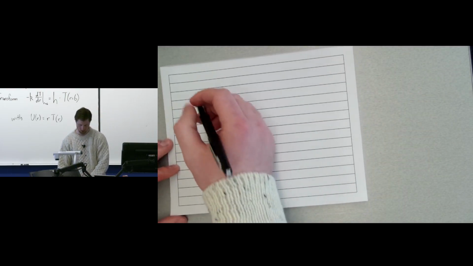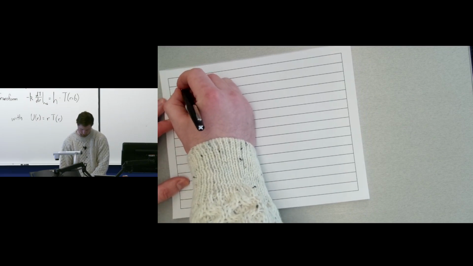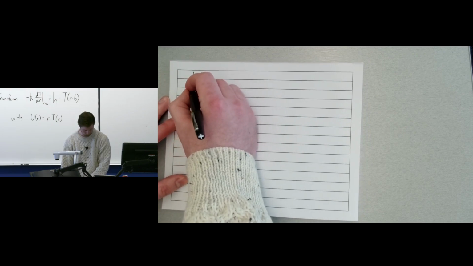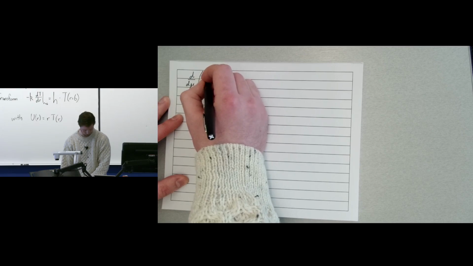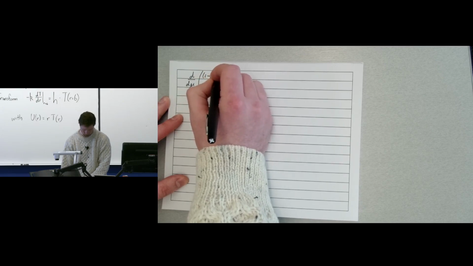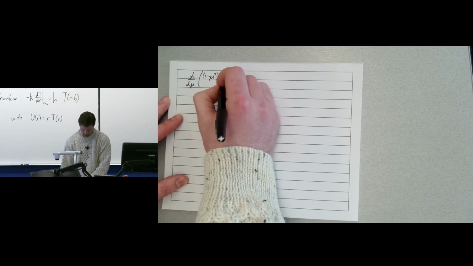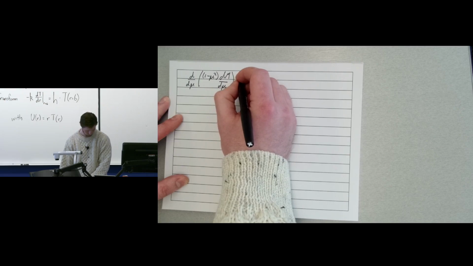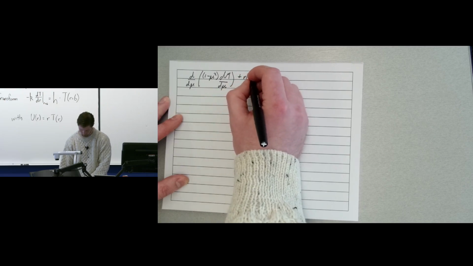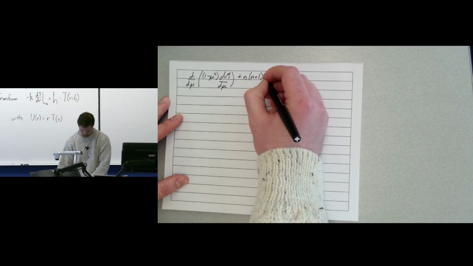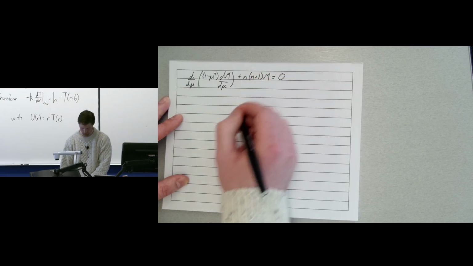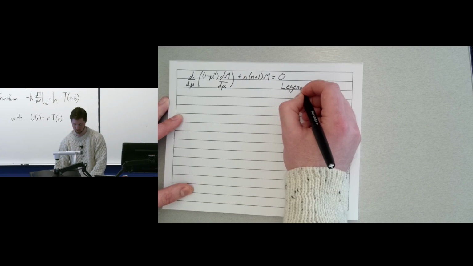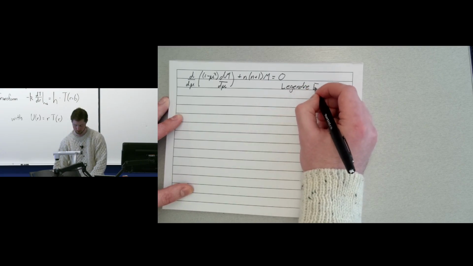So if we then split this up, first I'm going to do it in the mu direction: d/d mu of (1 minus mu squared) dM/d mu plus n times n plus 1 M equals 0. This is going to be known as our Legendre equation.